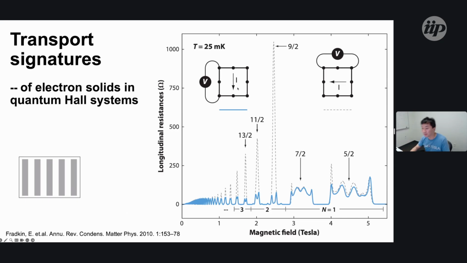Depending on the direction of current flow, the transport response is highly anisotropic. And I think the figure of merit they have is that the resistance ratio they can get up to either 3,000 or 30,000. But if you calculate the intrinsic anisotropy in the conductivity, it's on the order of 20 to 30, because resistance measurement tends to enhance the ratio to be larger than the actual intrinsic anisotropy.